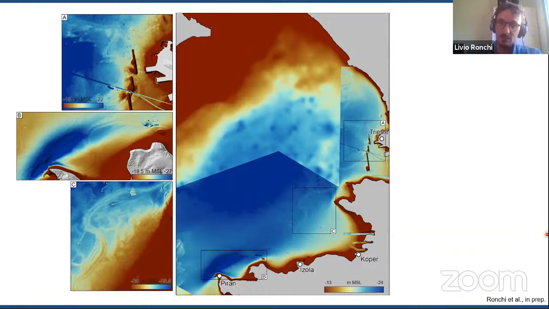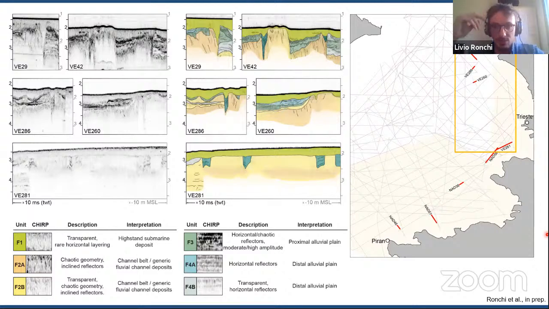So the next step for us was to understand if we could extend even further the reconstruction of this channel. In order to do it, we exploited the chirp profiles that I showed you before. I'm not going into the details of the description of these profiles, but you can see here on the left we have the raw profiles.